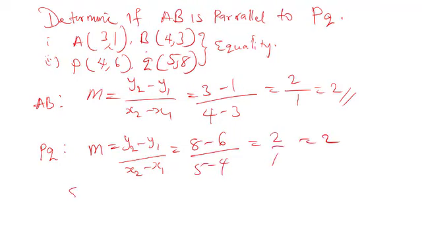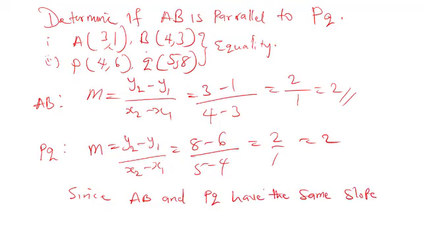So since AB and PQ have the same slope, therefore AB is parallel to PQ.